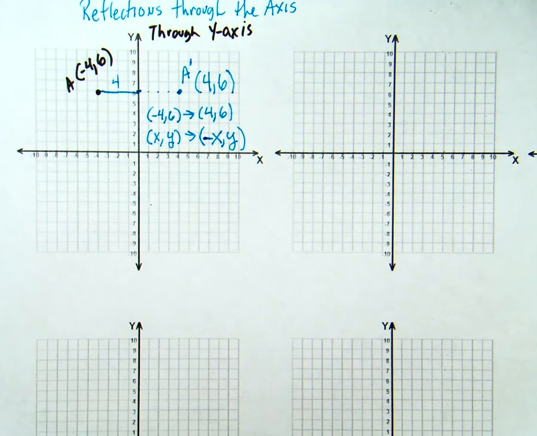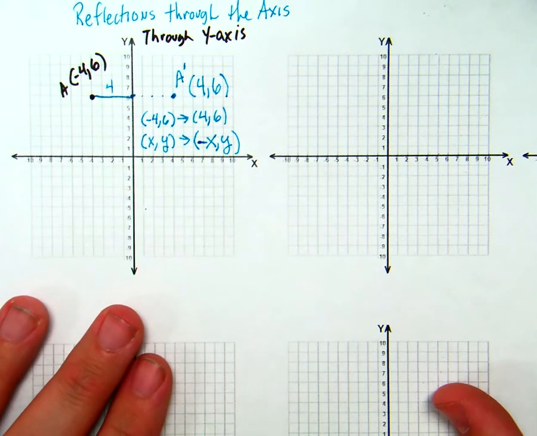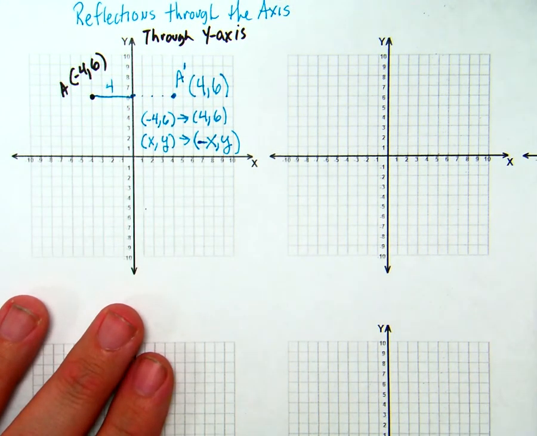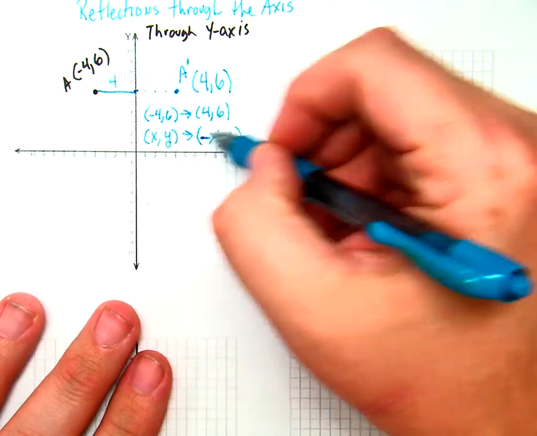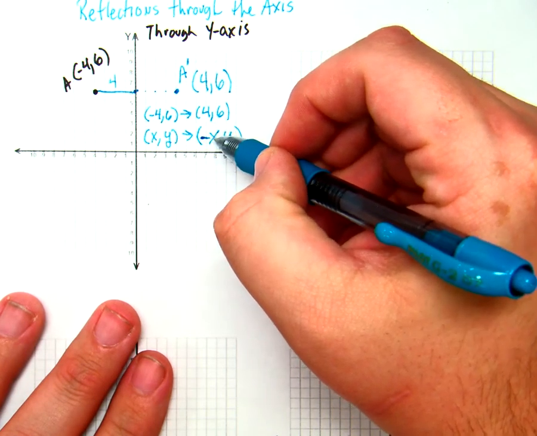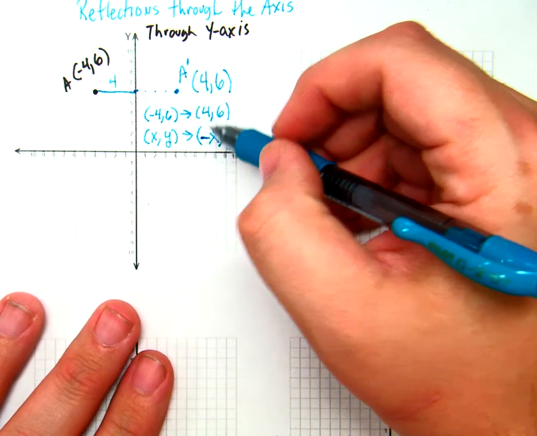So whatever coordinates you start at, if I'm reflecting through the y-axis, which coordinate changes? Not the y, the x. It's one of the weird things in math. It doesn't matter. If this started off negative, the opposite of a negative is a positive. So it'll just change signs.